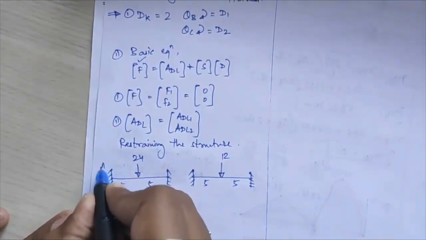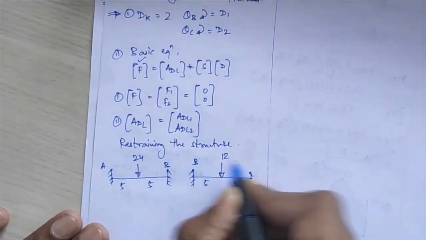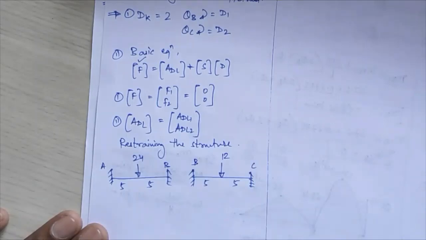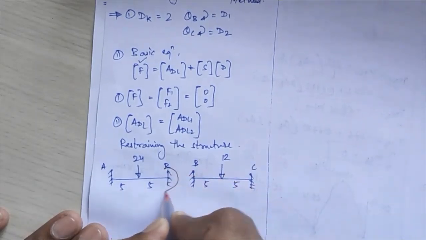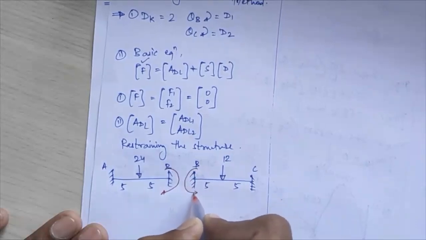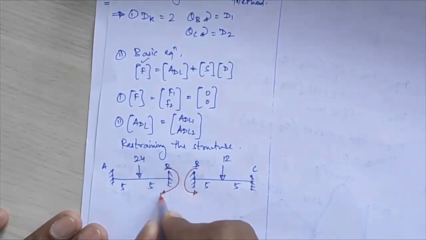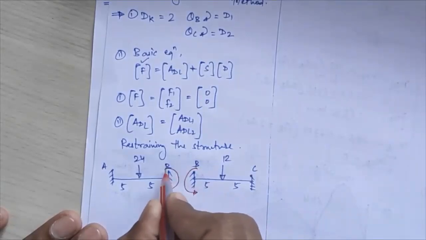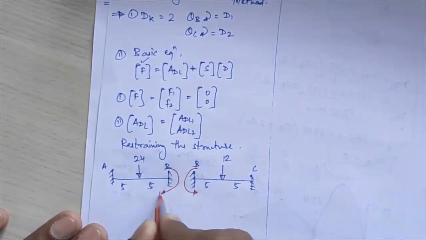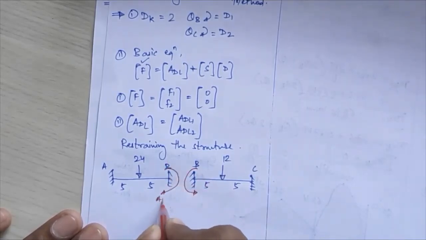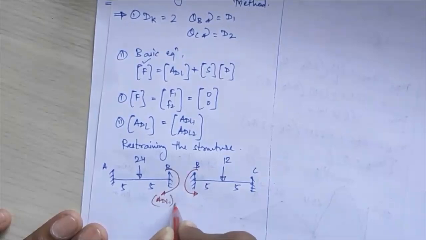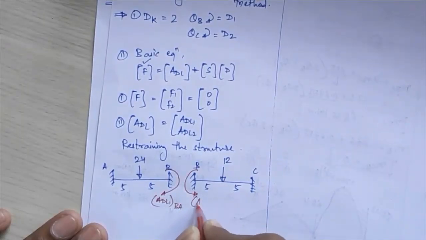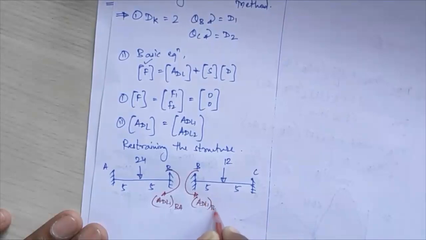This is my A, B, again B and C. So whatever fixed end moments you get will be at these points. This will be clockwise in nature, this will be anti-clockwise in nature. The restoring moment here will come anti-clockwise in nature and here it will be anti-clockwise in nature. So this will give me the value of ADL1 for BA, and this will give me the value of ADL1 for BC.